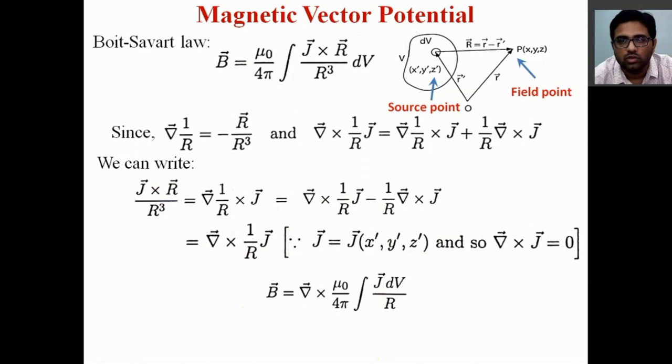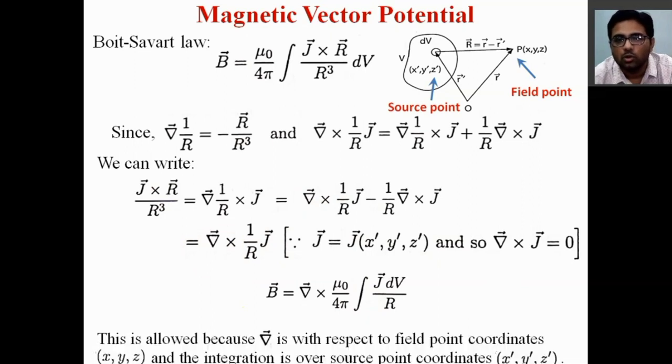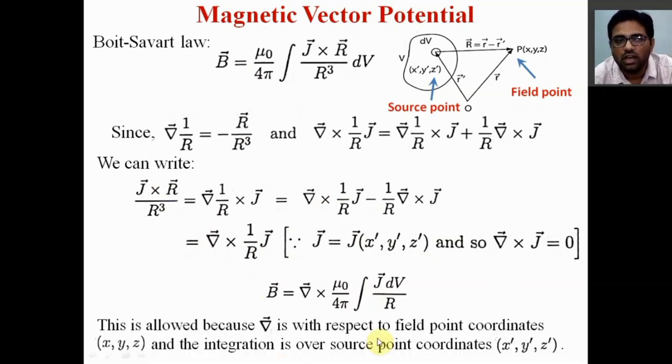Here you should note that we have pulled out the del operator from the integration. This is allowed because the del operation is with respect to field point coordinates and the integration is with respect to source point coordinates.